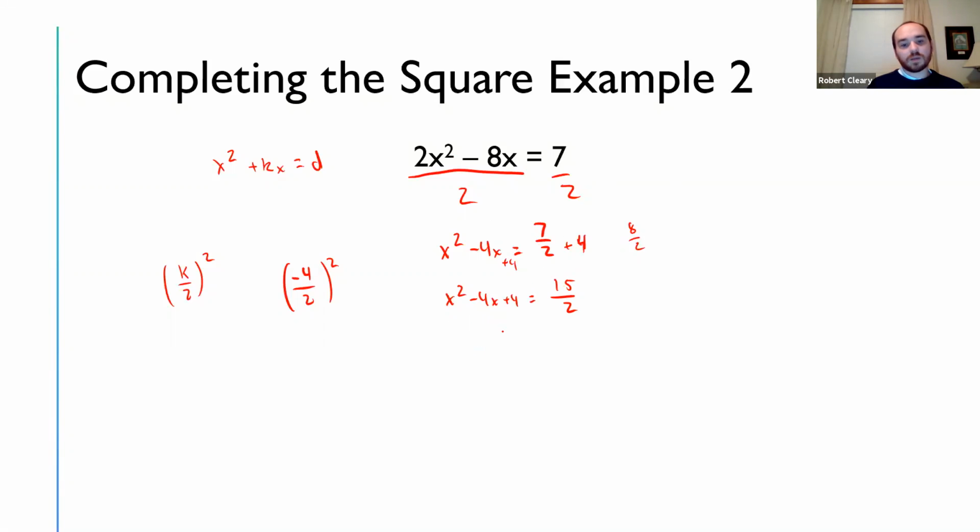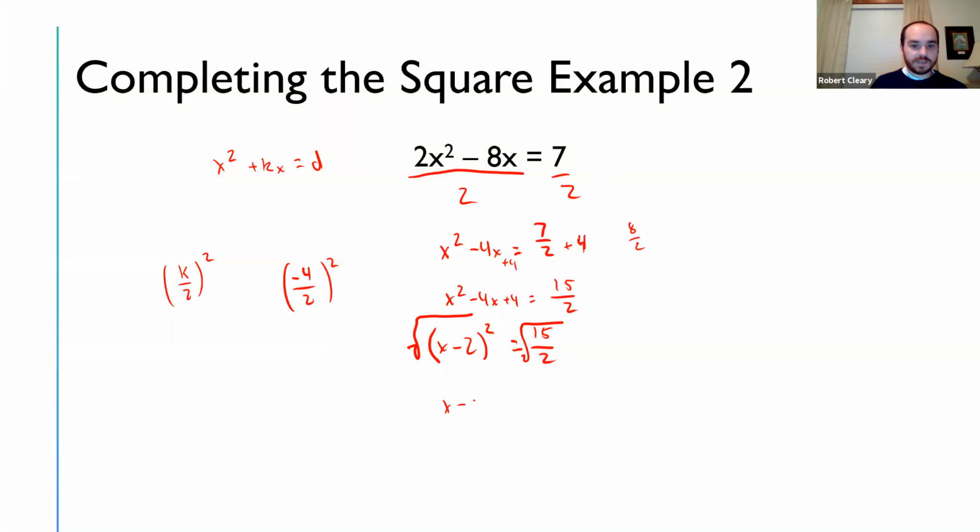So if we factor it, of course, it's going to be x minus 2 squared. If we multiply this out, we'd get x squared minus 2x plus 4 minus 2x, which is minus 4x. So that equals 15 over 2. Next step is, again, take the square root of both sides.